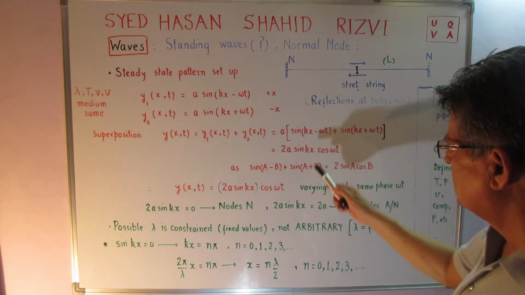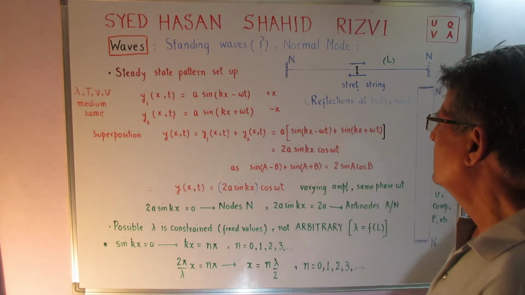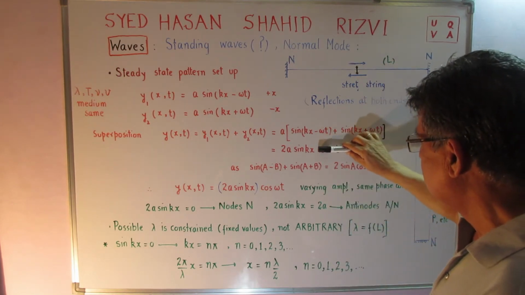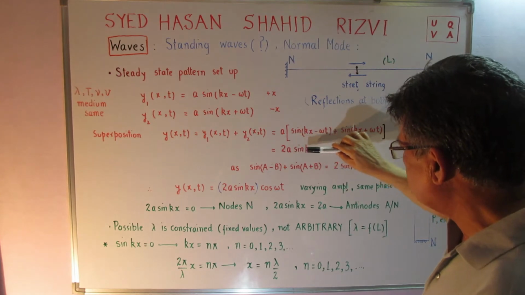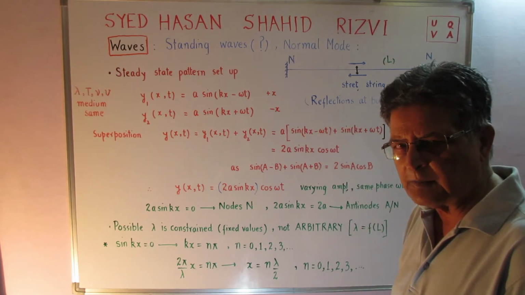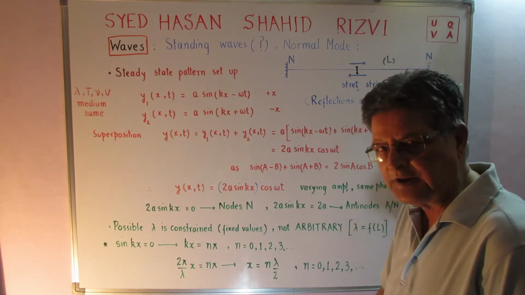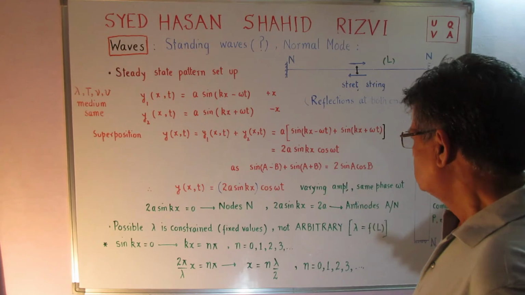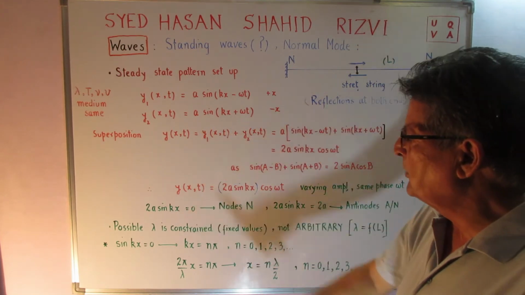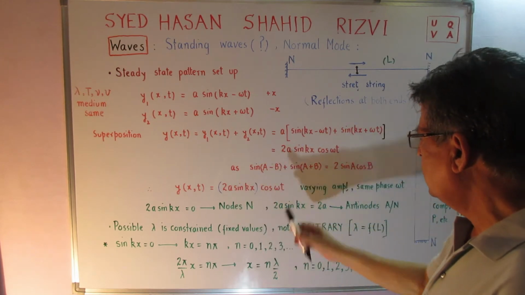Now this part depends upon the value of x, and cos of omega t says that whatever be the value of 2a sine of kx, all the particles are vibrating with a phase equal to omega t. Okay? So I say that the equation turns out to be y is equal to 2a sine of kx, times cos of omega t.